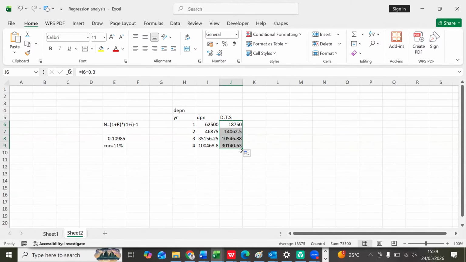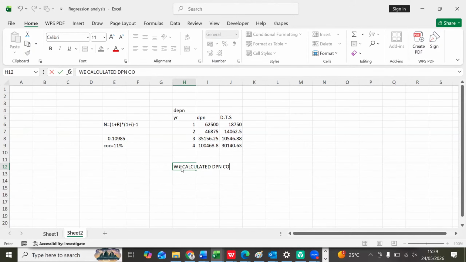We call them depreciation tax shield. And remember, why have we calculated depreciation tax shield? First of all, we calculated depreciation because tax is given.